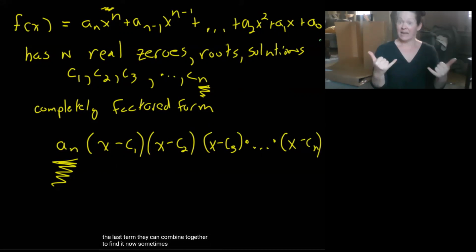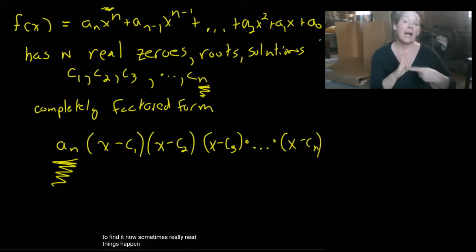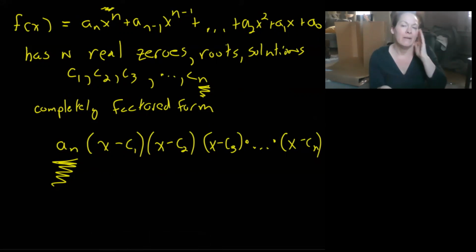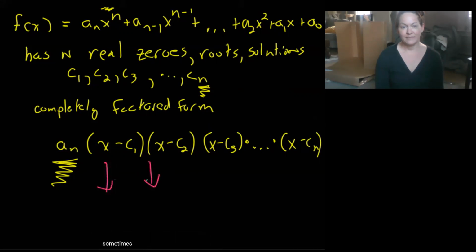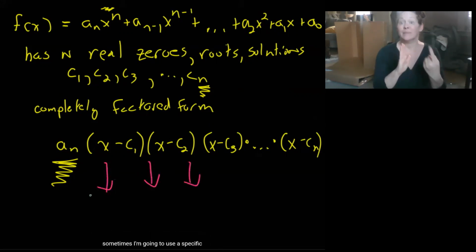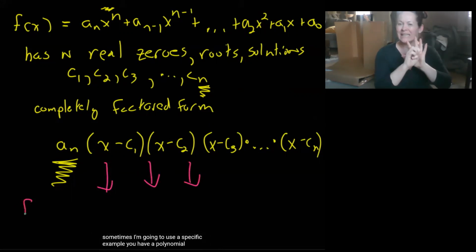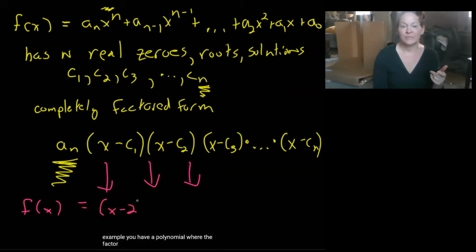Now, sometimes really neat things happen. Sometimes, and I'm going to use a specific example, you can have a polynomial where the factor is repeated.